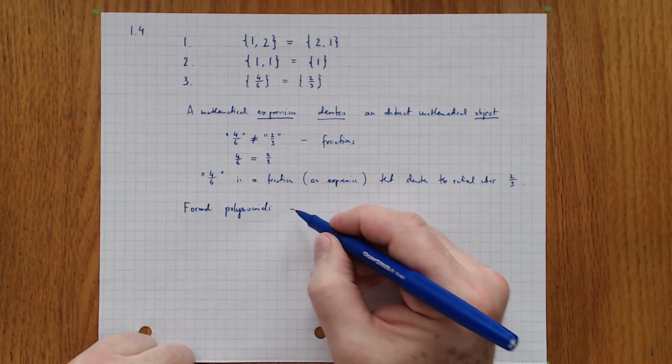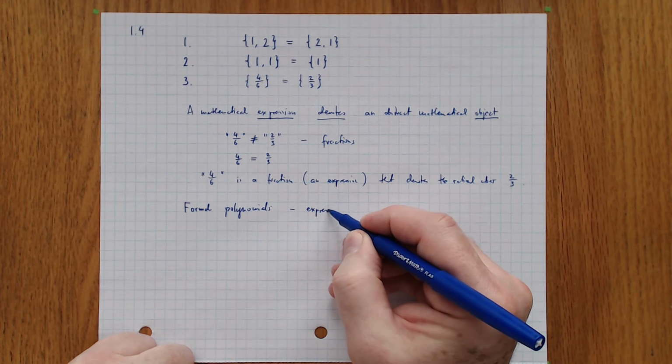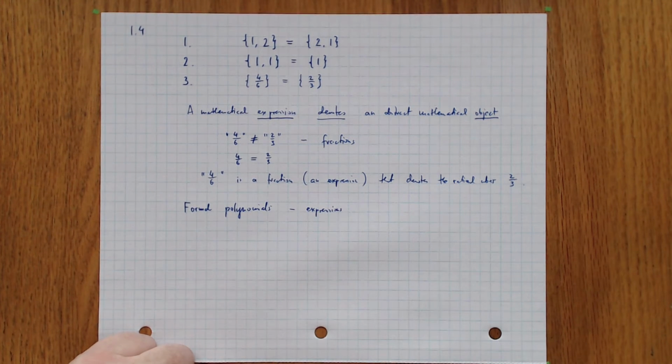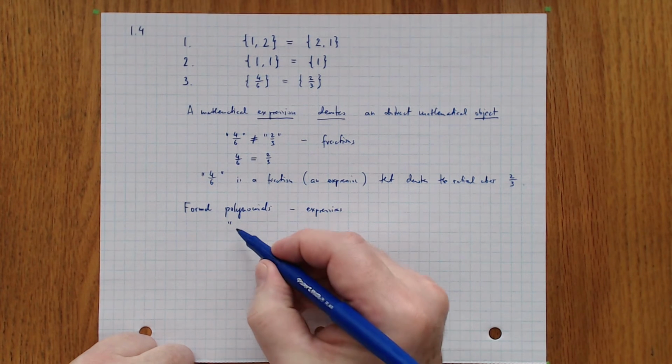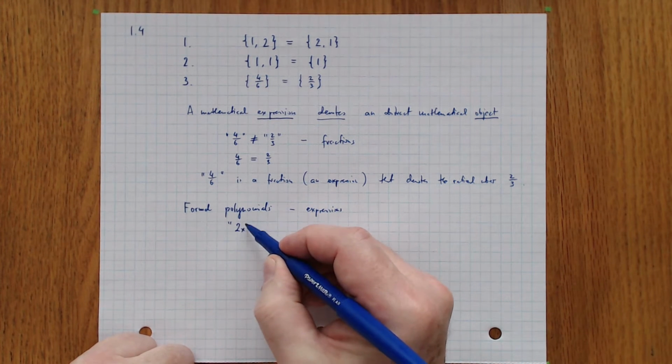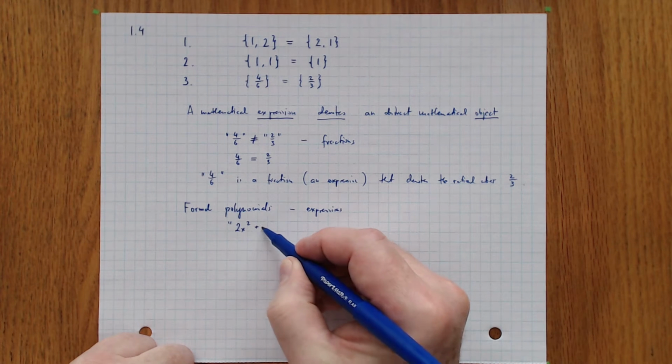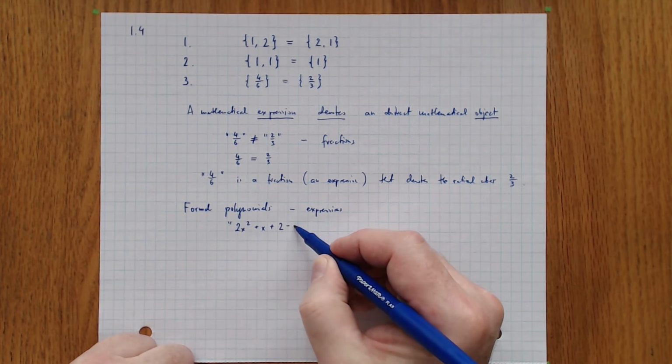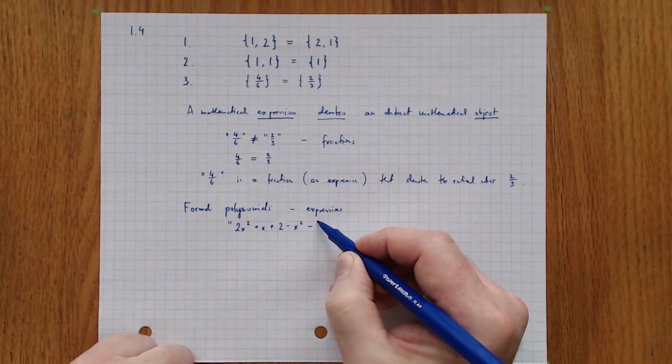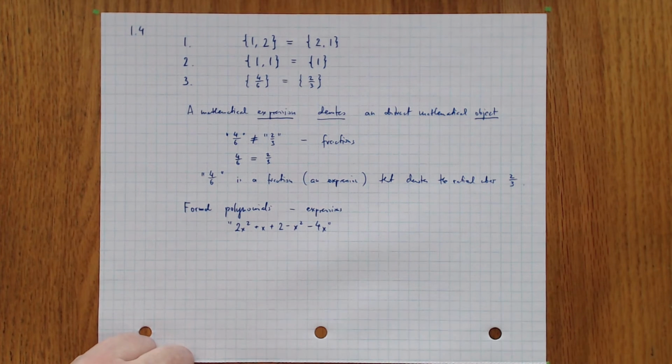And these are expressions. To give an example, 2x squared plus x plus 2 minus x squared minus 4x. This expression is a formal polynomial.